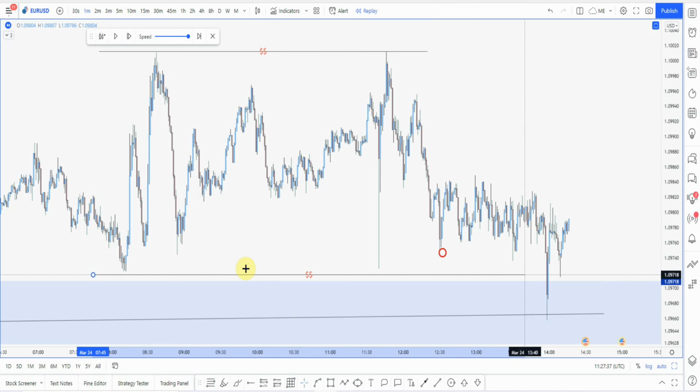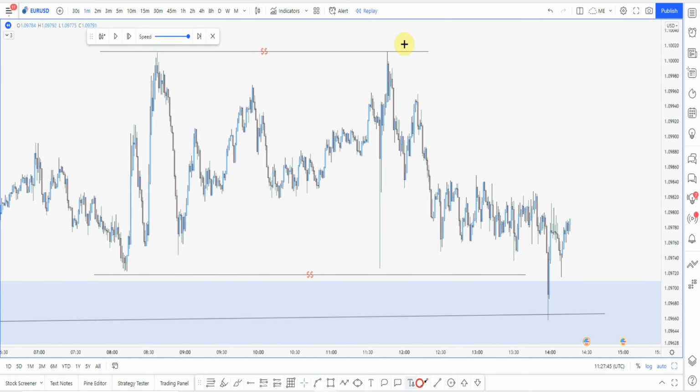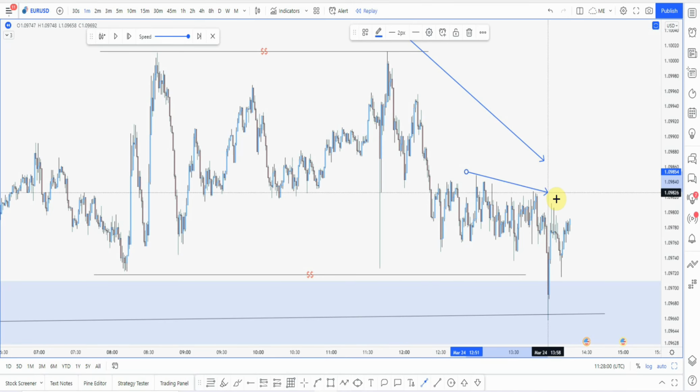I said the market took liquidity downside, then we have liquidity above here. Okay, when the market took this liquidity to the downside, the market had an immediate, very strong reaction, and the market also built liquidity. This is a liquidity trend line.